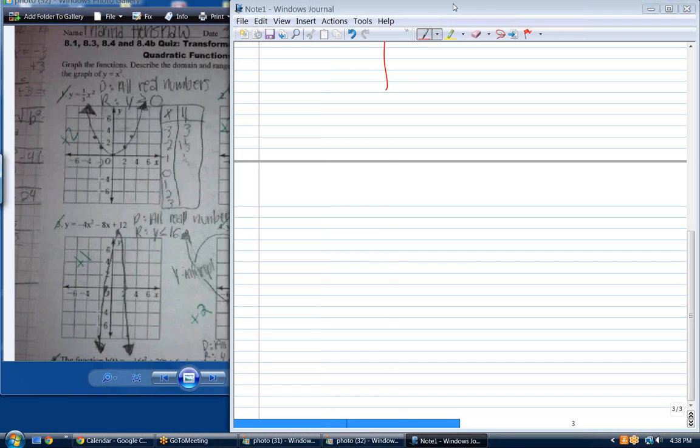Right. So what's the effect of that 1/3? In other words, if this is y equal x squared, what is y equal 1/3 x squared? What does the 1/3 do? It made it skinnier. Makes it flatter or fatter. So it actually makes it like this.